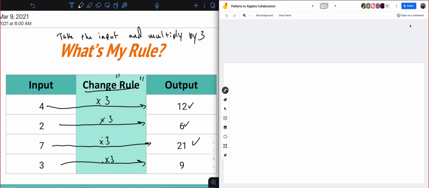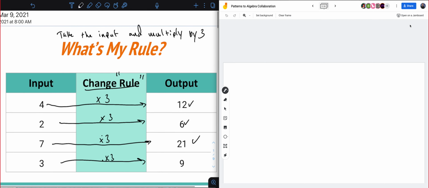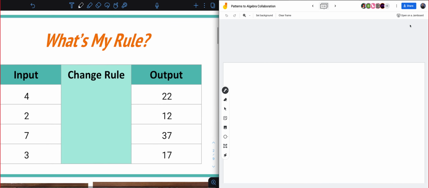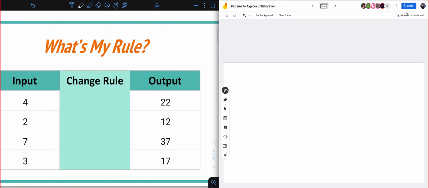Now, what if I scroll down here? Can you guys together on your Jamboards figure out what the rule or pattern might be for this one?